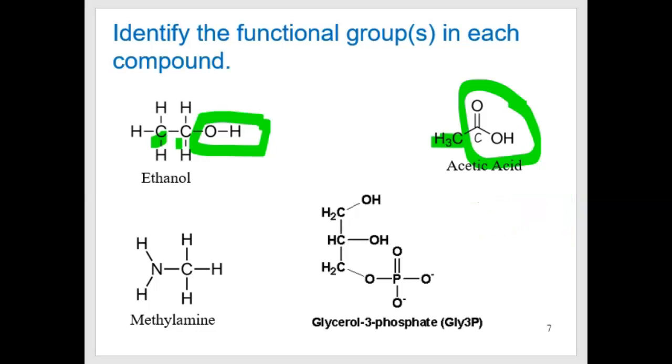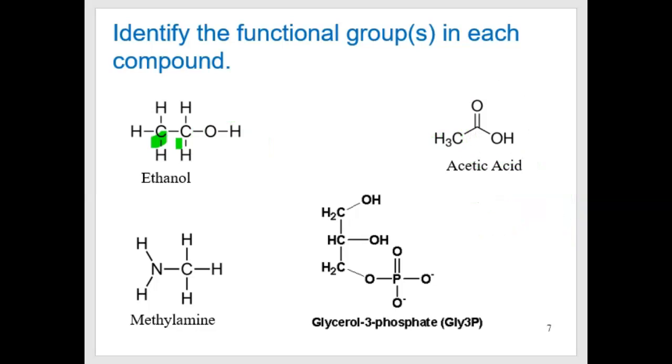And then the last picture, bottom right, shows a pretty complex compound called glycerol 3-phosphate. And the carbon framework or backbone are these 3 carbons. The functional groups that you see include this hydroxyl group, and then that phosphate group.